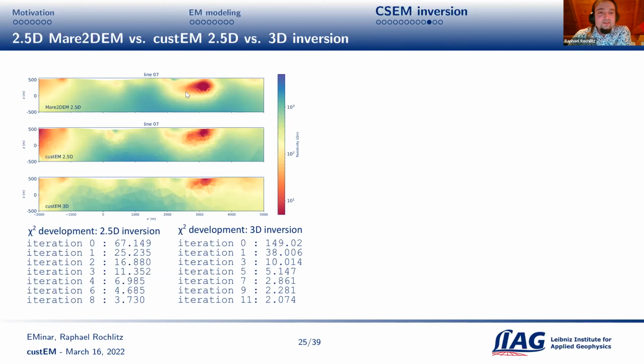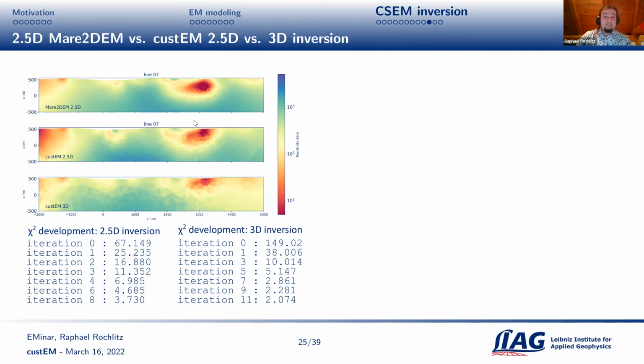So my conclusion here is that this is probably related to the nature of 2.5D inversion of 3D data in a 3D environment. So we have a difference here, but actually this is rather a result of regularization because our data only go until here. So this is not really significant.